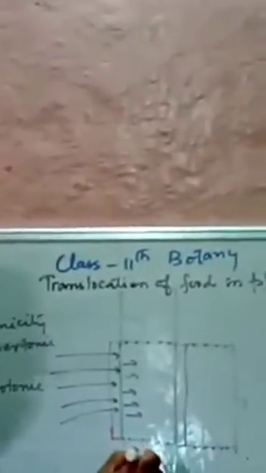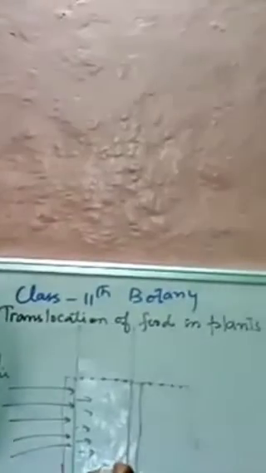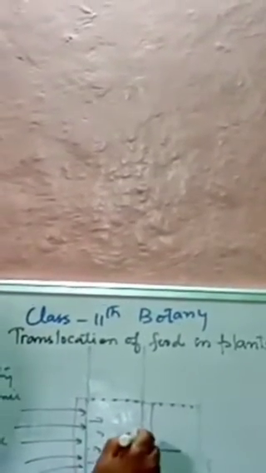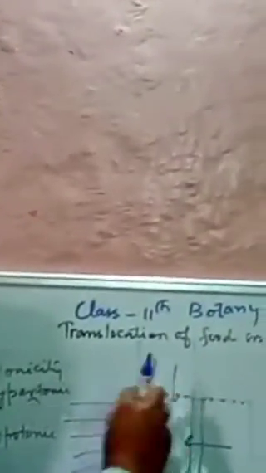Now as we already know, water flows from the hypotonic solution into the hypertonic solution. So when this sieve tube becomes hypertonic, the adjacent cell is hypotonic, and water moves from the adjacent cell into the hypertonic cell. So a pressure develops inside this sieve tube.